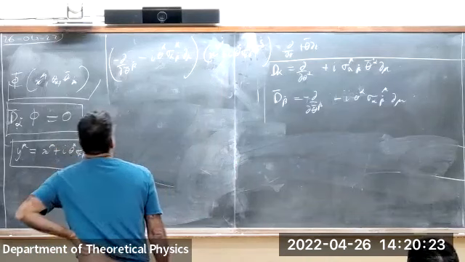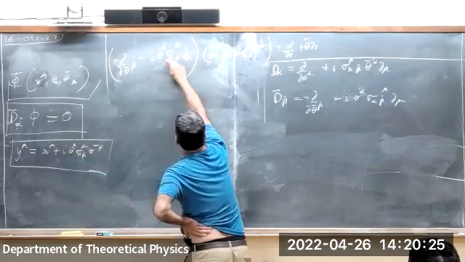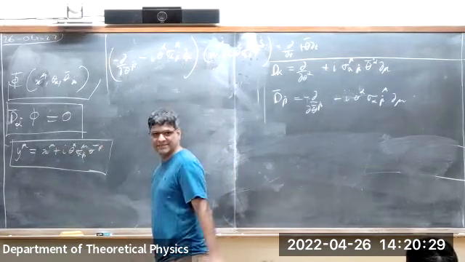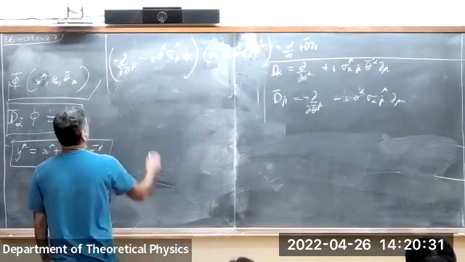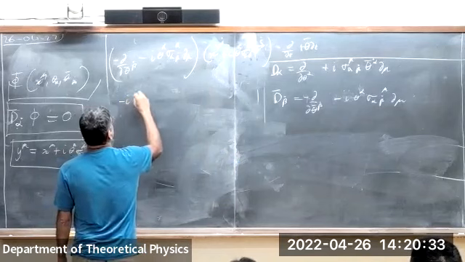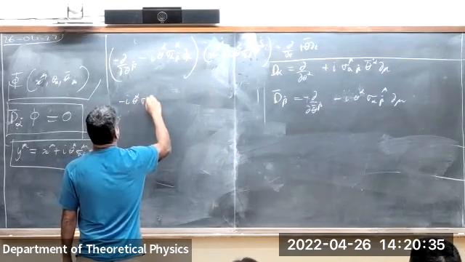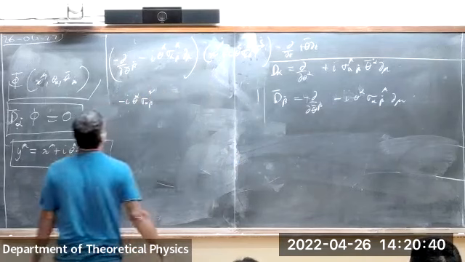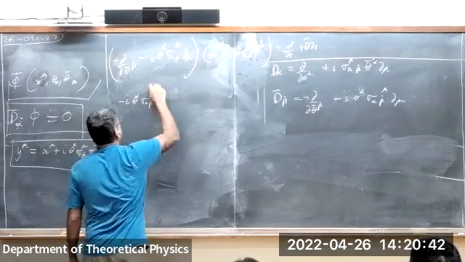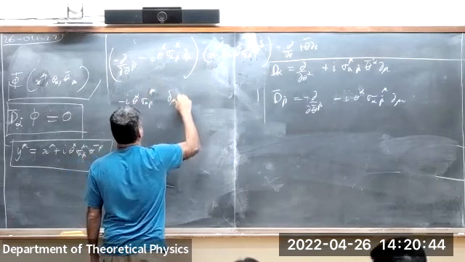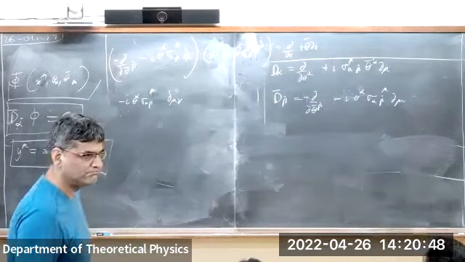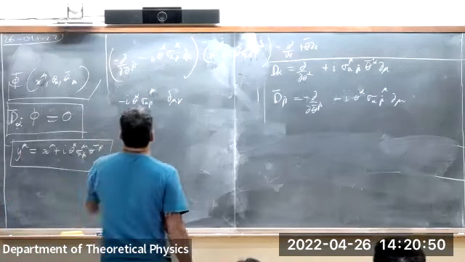So let us check what happens when this guy hits this. That's very clear. This gives a delta mu. So we get minus i theta alpha sigma alpha beta dot mu, with a delta mu. What about this fellow?